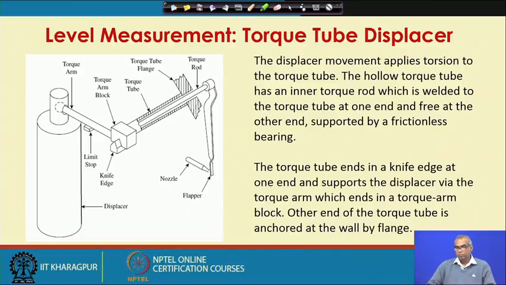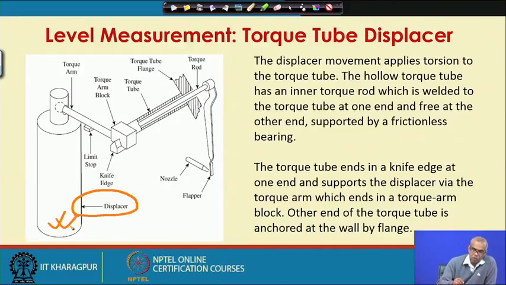Next, we talk about a variation, the torque tube displacer. In the schematic, this is the displacer. This is a torque tube. This is the torque arm block. This is the torque arm.